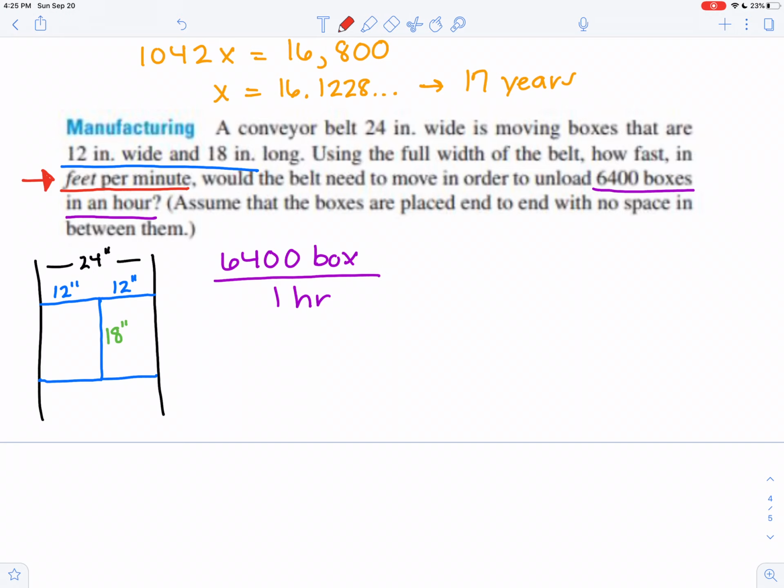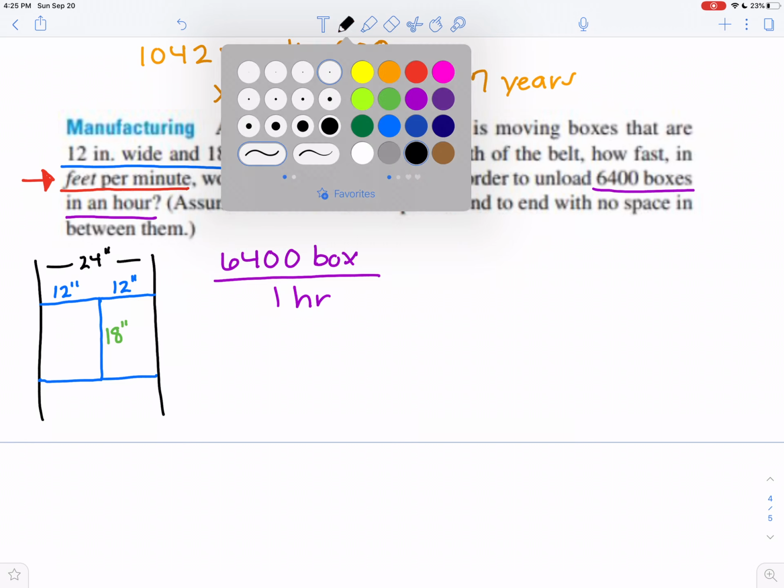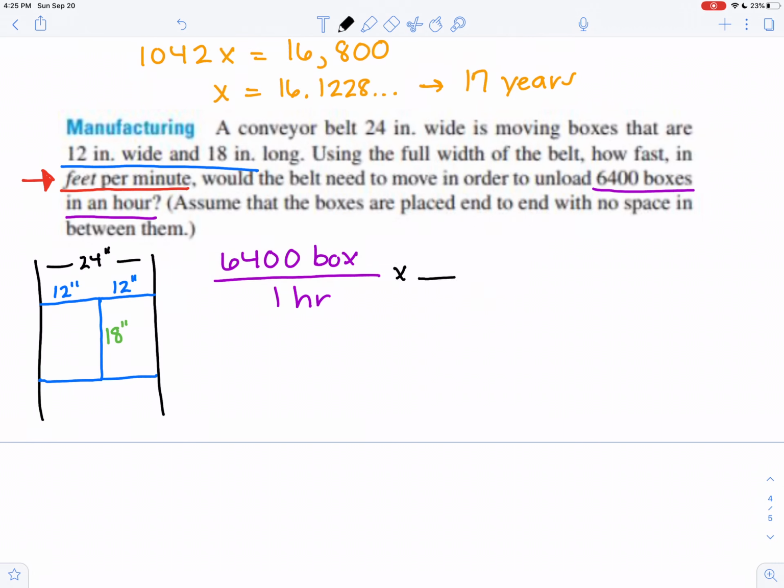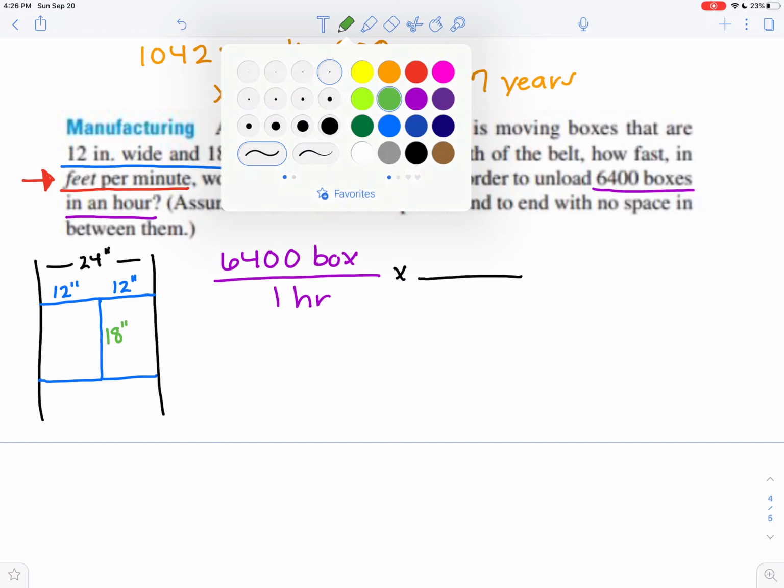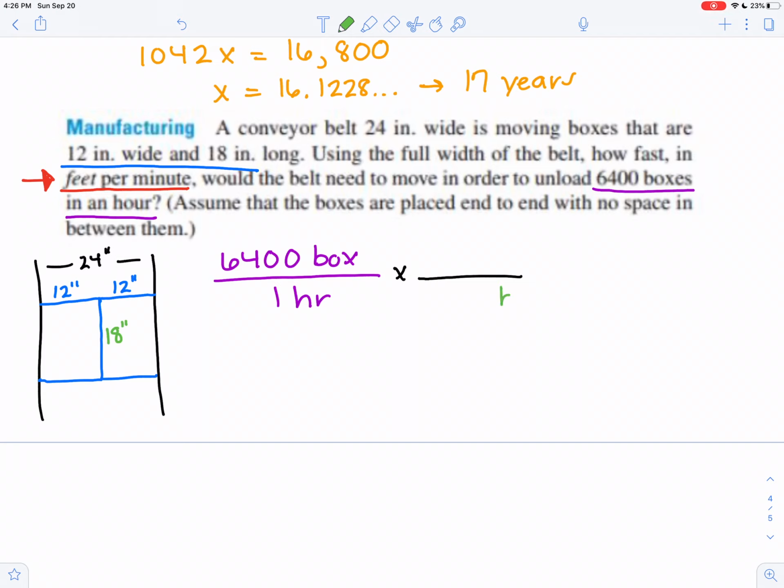So the first thing I want to do is convert from the boxes to a number of feet, using the dimensions that I'm given. I'm going to multiply, and what I want to cancel out is the box. I want to go from box to feet, so I'm going to put boxes on the bottom and feet on the top. Now, let's think about how quickly the boxes are moving off of this conveyor belt.